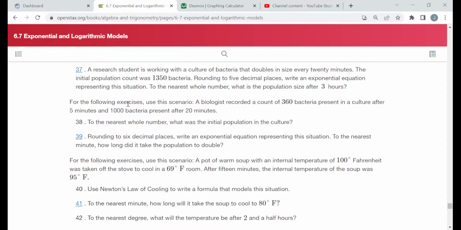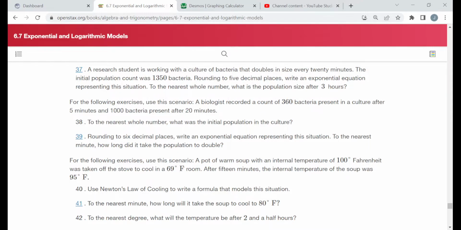For the following exercises, 38, 39, use this scenario. A biologist recorded a count of 360 bacteria present in a culture after 5 minutes, so time here is in minutes, and 1,000 bacteria present after 20. To the nearest whole number, what was the initial population in the culture? Then we'll do 39 after that.